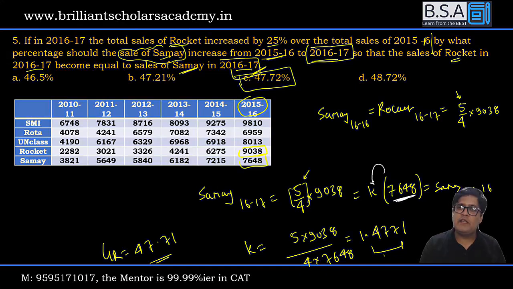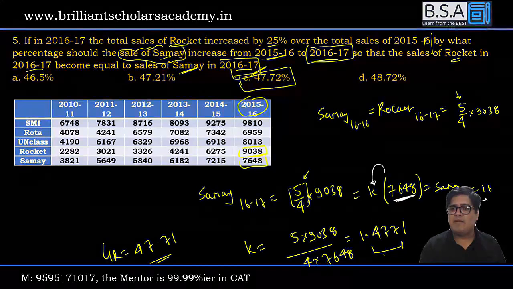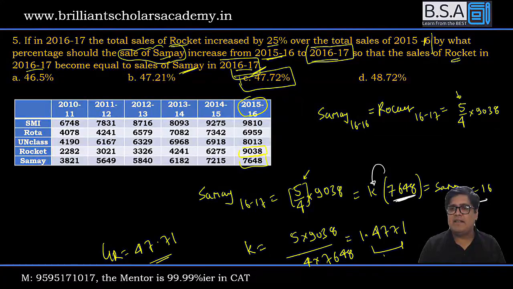How much is the growth? ये तो है ना, growth ये बताएगा ना मेरे को. Growth factor is K. Like 25% growth factor is 5 by 4. तो K कितना है? समय का 15-16 is 7648. उसमें growth लगेगा, it will become equal to rocket. So K निकालना था 47.71%. See, option C.